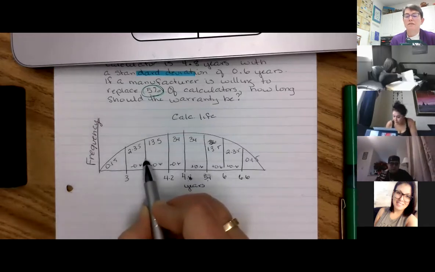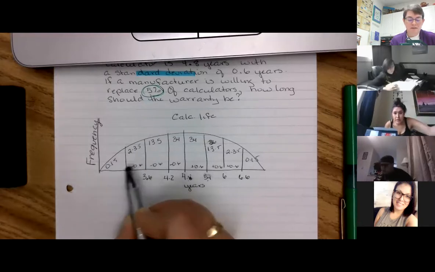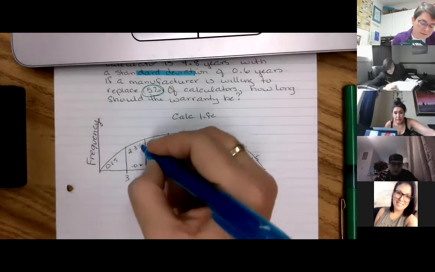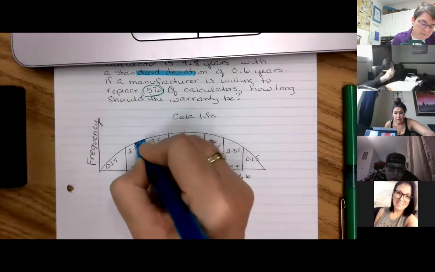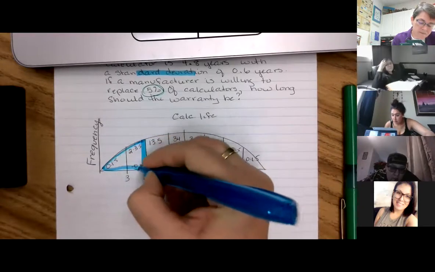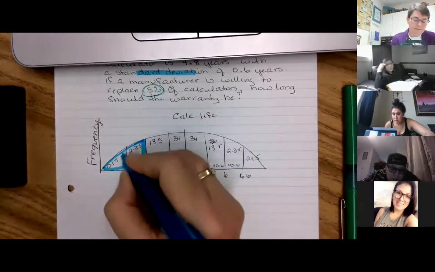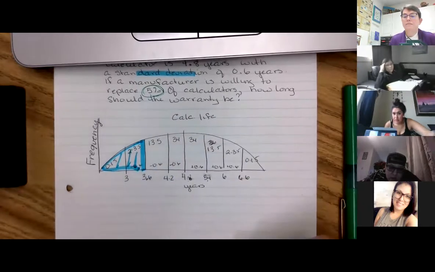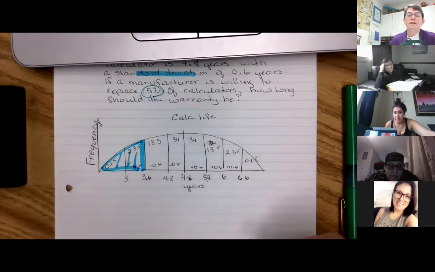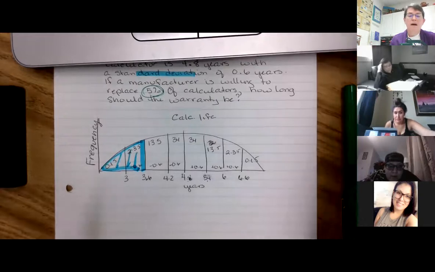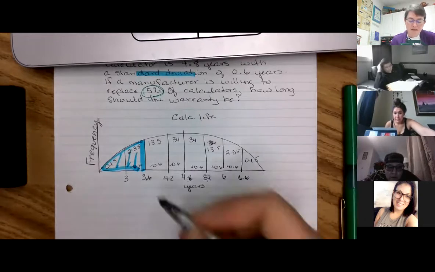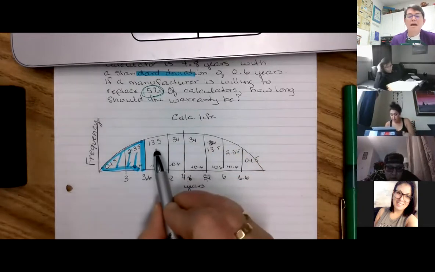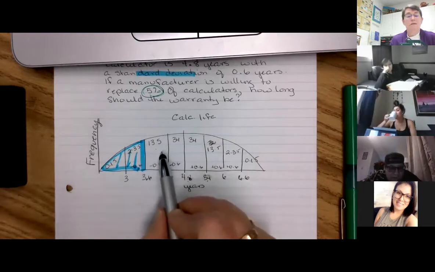Shout it out, of these two. How much is that? 2.5. 2.5%. Well, my manufacturer is going to be generous. We want more than that, but we can't add on this entire extra section because that would be way more than 5%.